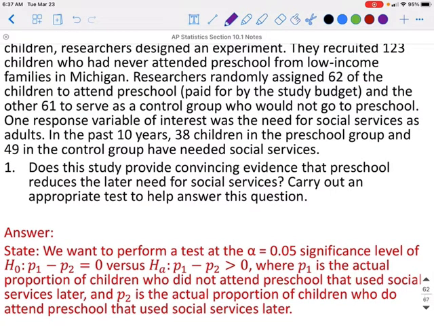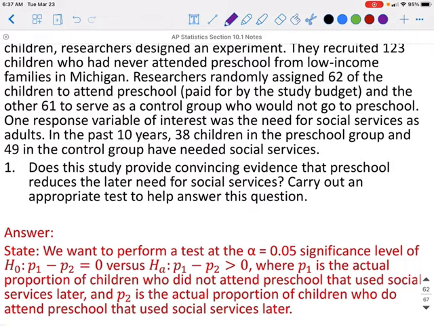The null hypothesis is that p1 minus p2 equals 0, so there's no difference, versus p1 minus p2 is greater than 0, where p1 is the actual proportion of children who did not attend preschool that use social services later, and p2 is the actual proportion of children who did attend preschool who use social services later. Our alternative says we expect that the children who did not go to preschool will need more social services than the ones who did go to preschool.